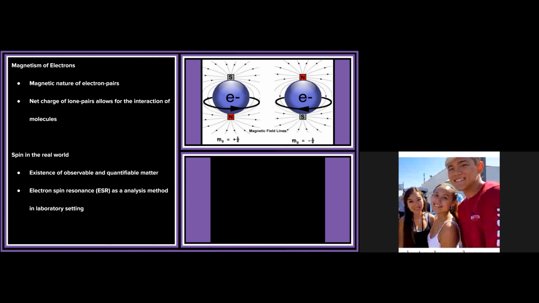Whereas if they are spin down, they would have the inverse, a negative 1/2 quantum number value. When these electrons pair with one another, these charges cancel each other out and result in a net charge, which is what we observe with most lone pairs in any bonding atom or molecule.